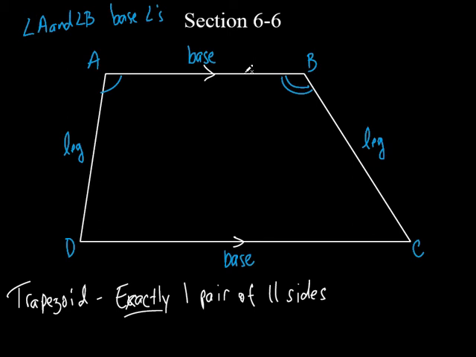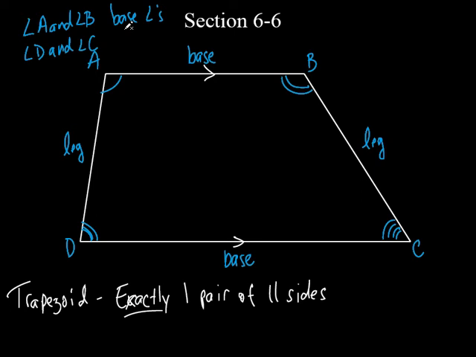Do you see any other base angles here? Any other angles that connect the same base? Yeah, D and C. Everybody see that? So I'm going to put 3 arcs here and 4 arcs here. Angle D and angle C are also base angles.